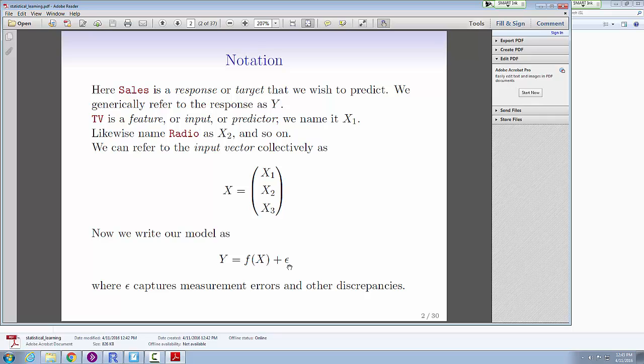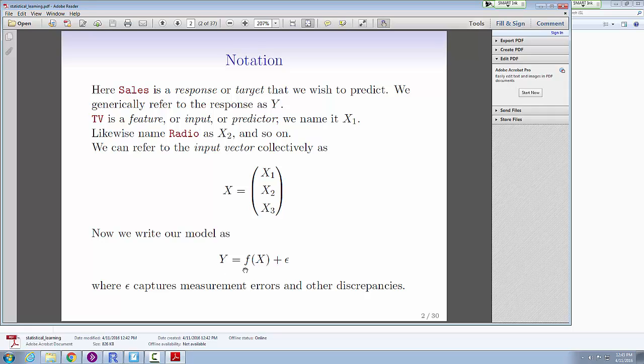We have data randomly obtained from a population, so there's random variation. We think that underlying our data is a systematic or deterministic relationship. But what we actually observe is that relationship with some random error piled on top.